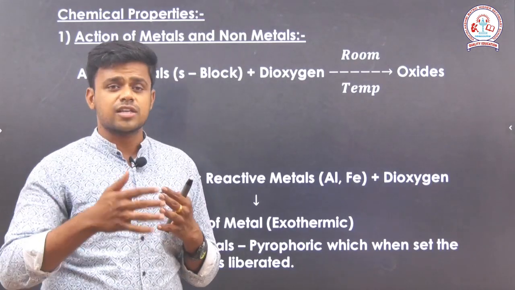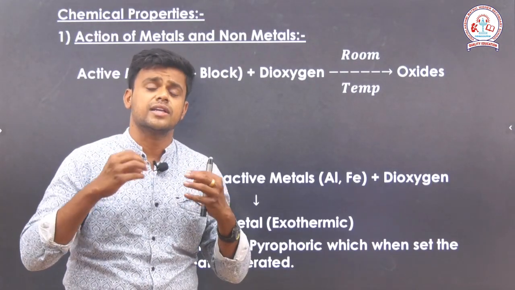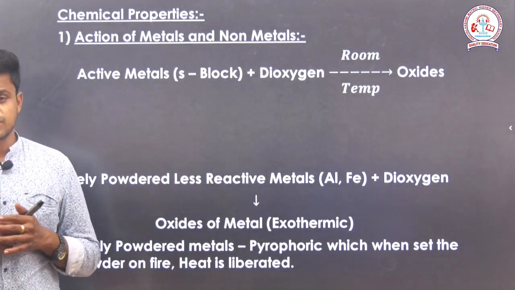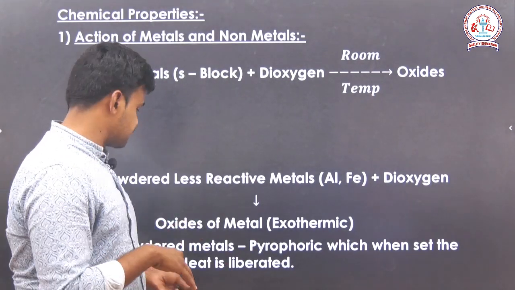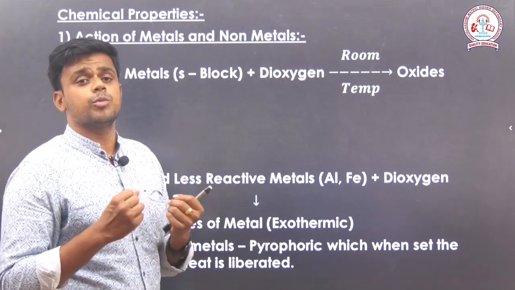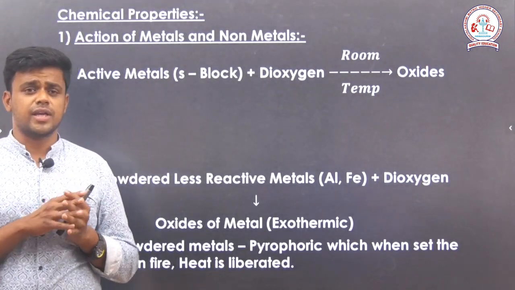So, in order for the reaction to occur, it must take a lot of energy. When the reaction occurs, it will liberate a certain amount of energy. So, that comes as exothermic, where the heat has been liberated. These types of metals, meaning the metal which is finely powdered, are considered pyrophoric. Why is it called pyrophoric?